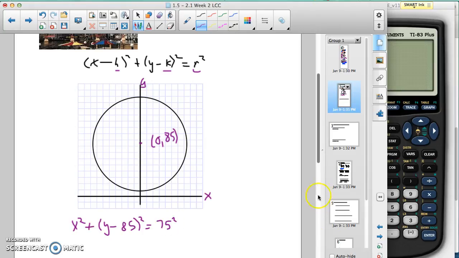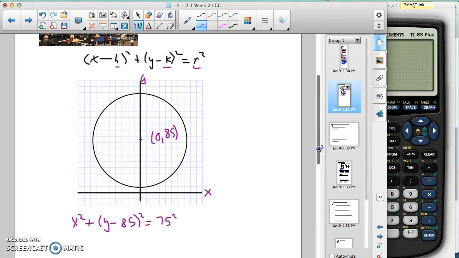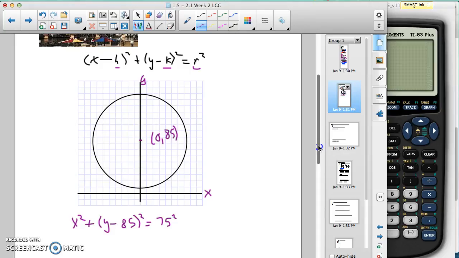Okay, so that would be my model that I would use in answering any questions. x is my horizontal distance. The distance going this way is x, and my vertical distance is y.